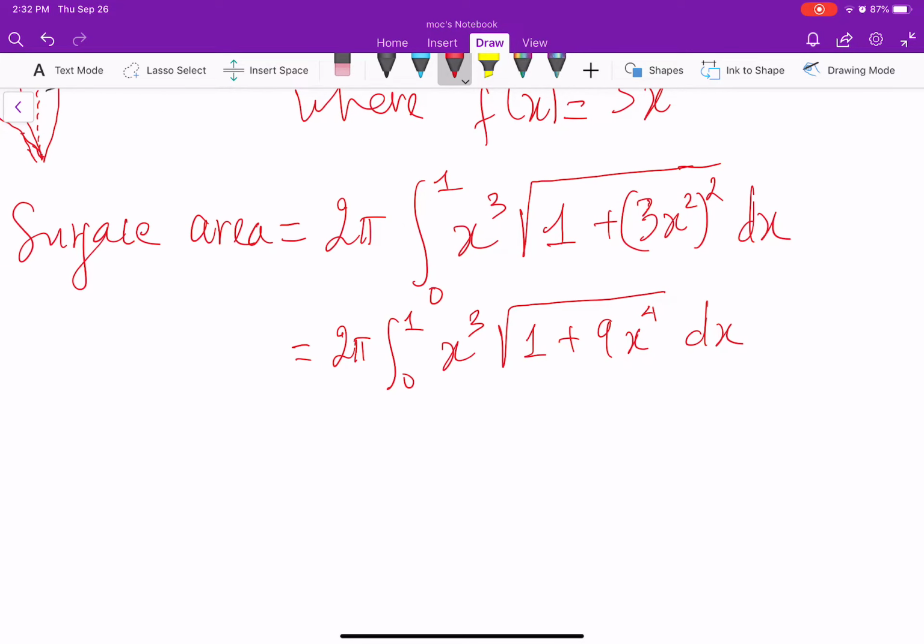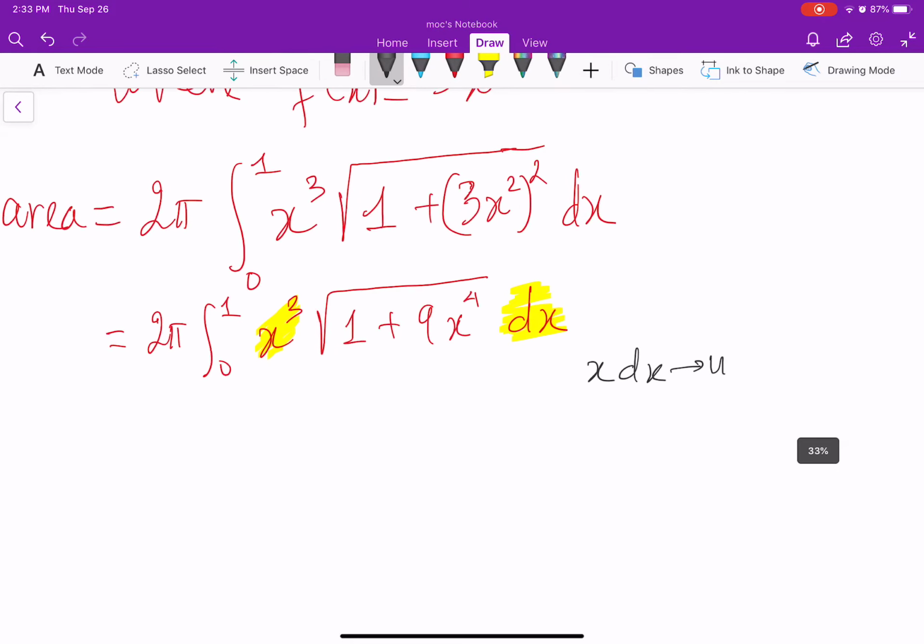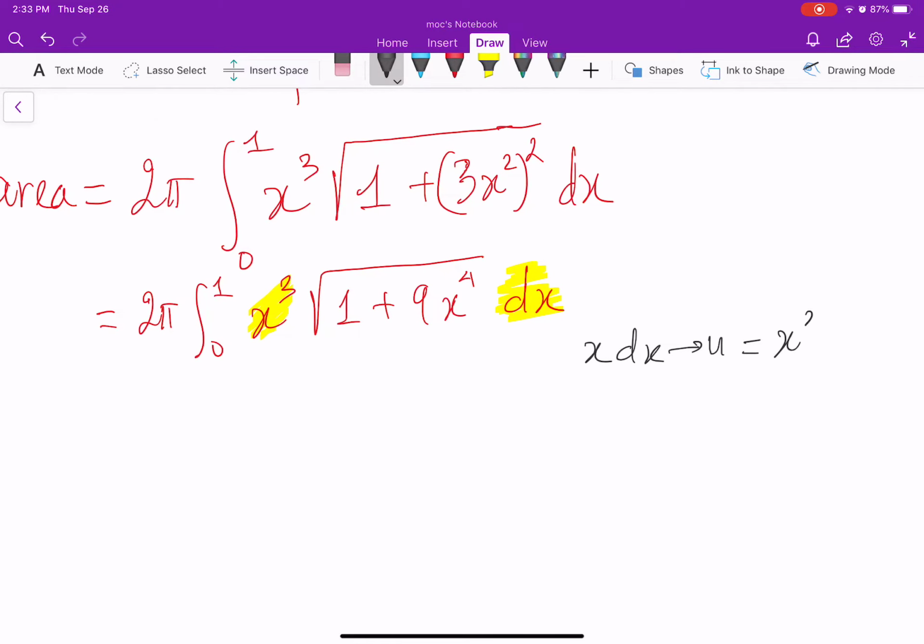You know why? Because let's mention that we have x cubed and dx in this integral. And see, when you have something like that, you have x dx. Remember that the substitution is u equal to x squared.